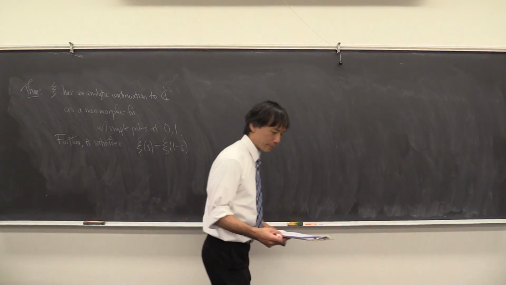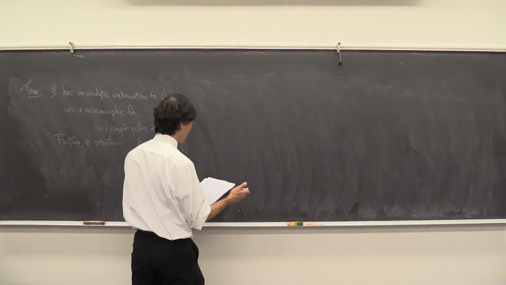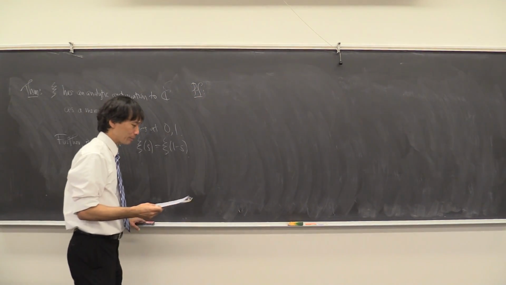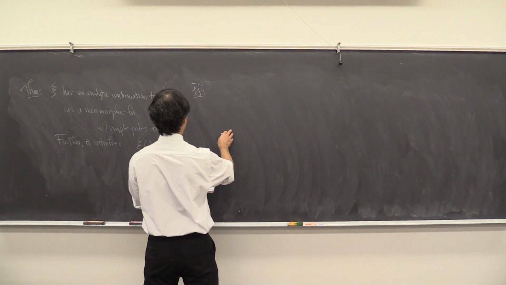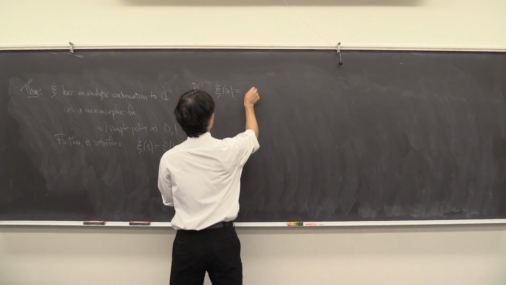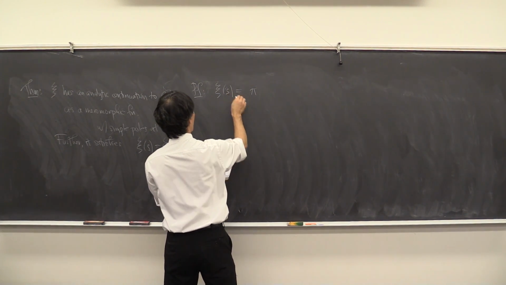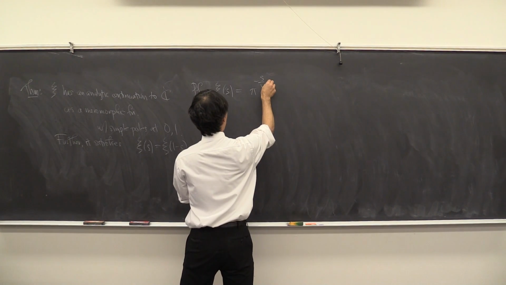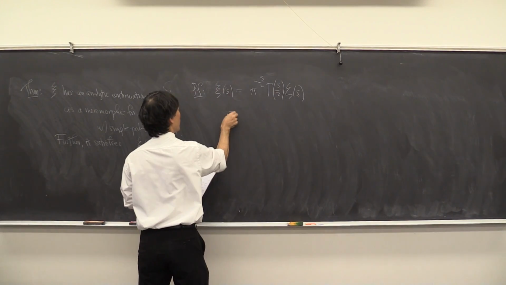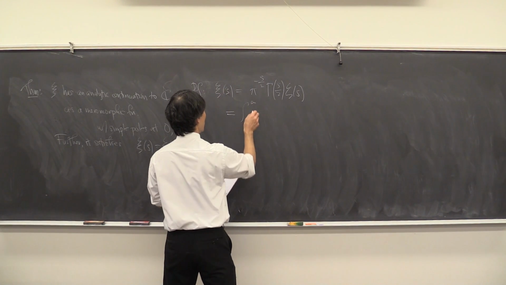Okay, so this is also not the most exciting. It's again sort of a lot of integrals. So let's start off. Xi of s is π to the negative s over 2, gamma s over 2, zeta of s. But we have this integral expression that we just did the technical lemma for.